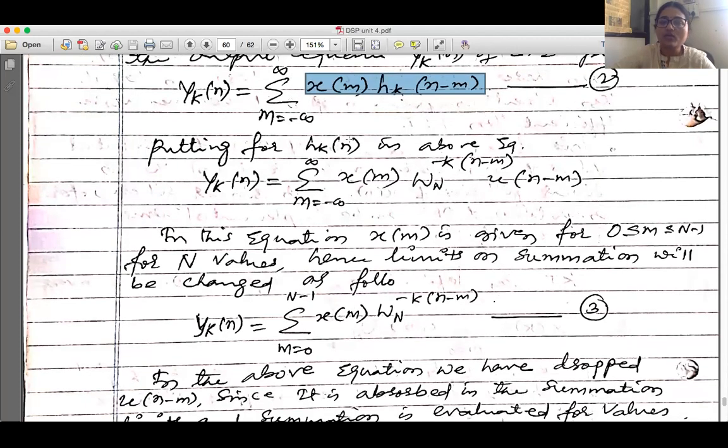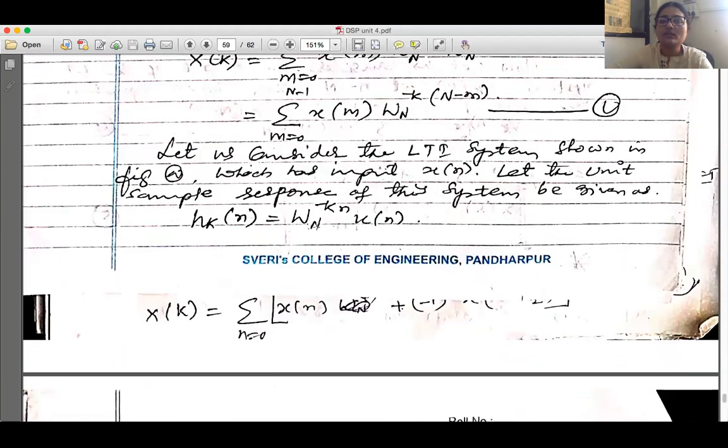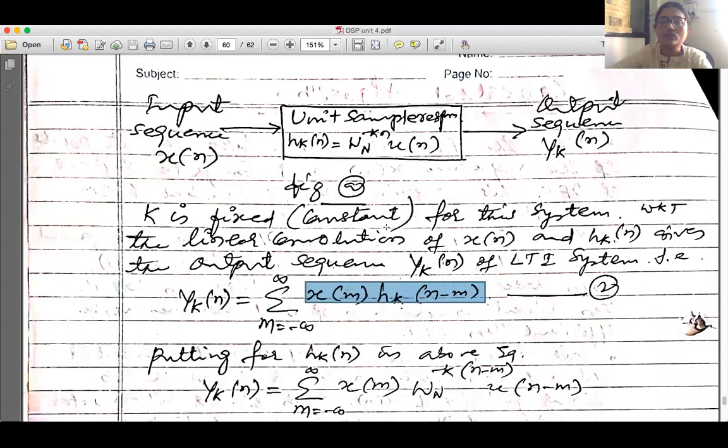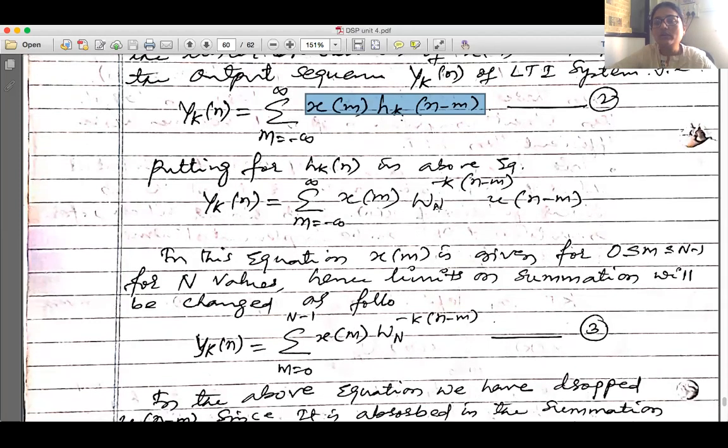So the value of hk of n, as you know, hk of n is W raised to minus kn suffix capital N into u of n. If I substitute for hk of n minus m, it is only being shifted by m units. So it will be W raised to minus k, where n is replaced by n minus m, u of n minus m.